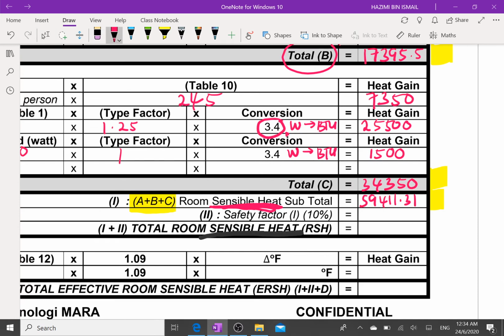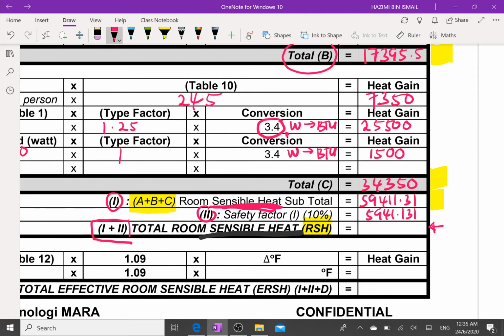Okay, safety factor 10% of the 59,000. So you will get 5941.131. Okay, so the total room sensible heat, in this form we call it RSH, room sensible heat. You have to sum up 1 and 2.